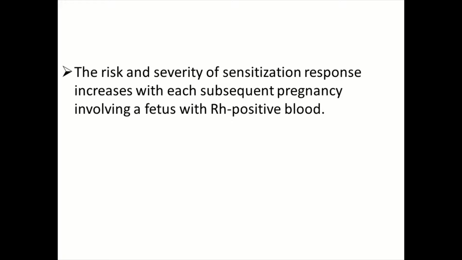This risk of maternal sensitization and damage to the fetus increases with subsequent pregnancy. The severity increases whenever she conceives an Rh positive fetus, because she has already produced memory antibodies which can pass through the placenta early in gestation and damage fetal RBCs.